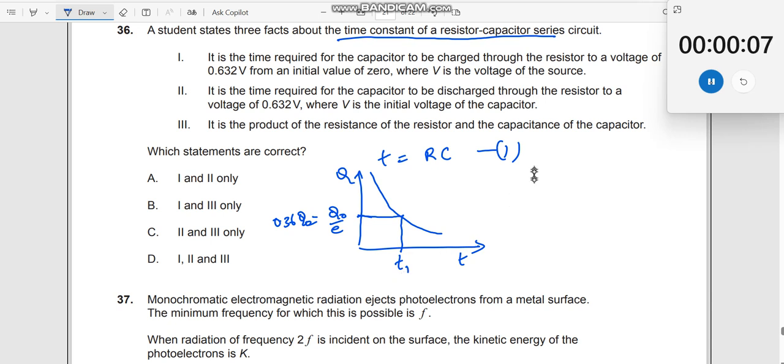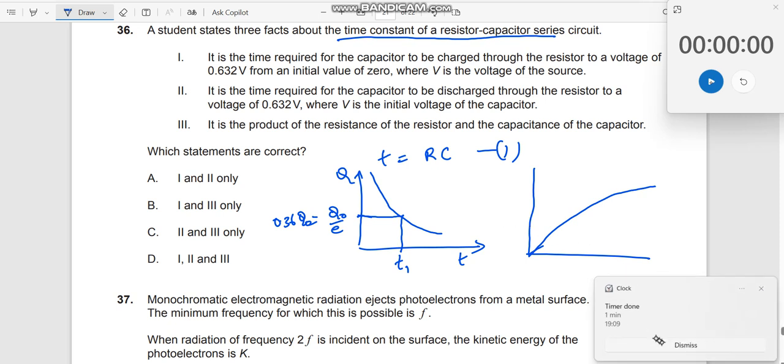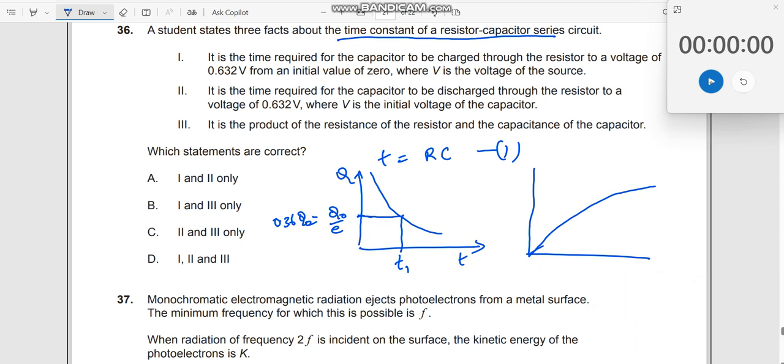The other way of defining time constant is, when you charge a capacitor, the charging leads to a curve like this. Even in this case, the curve goes like this.